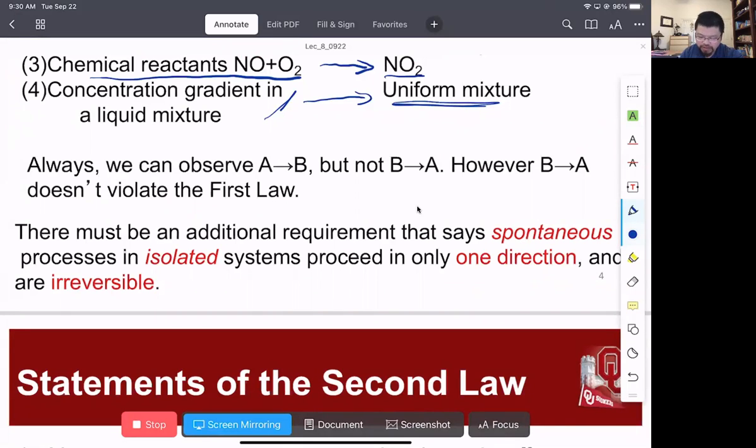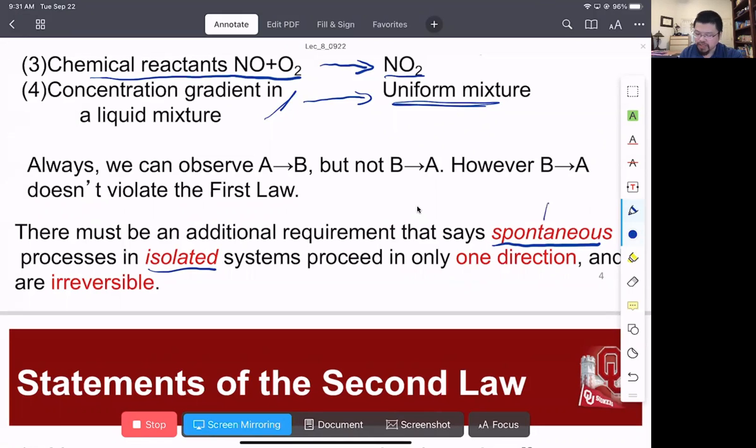And when we talk about the direction of change, I highlighted some keywords here on slide 4, the last part. So we say we need to have some additional requirement or tool so that we can discuss the spontaneous process in the isolated system. That is to exclude other factors we need to worry about once we have defined our system.